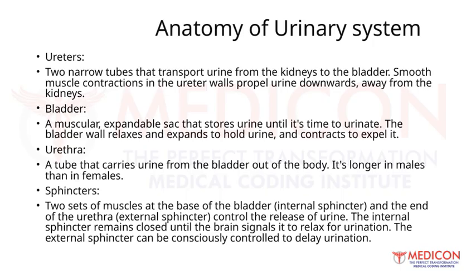The internal sphincter, located at the base of the bladder, stays closed until the brain signals it to relax, allowing urine to flow. The external sphincter at the end of the urethra can be consciously controlled, so we can delay urination until it's appropriate. Understanding these components helps us see how the urinary system functions smoothly to maintain our body's fluid balance and waste removal.